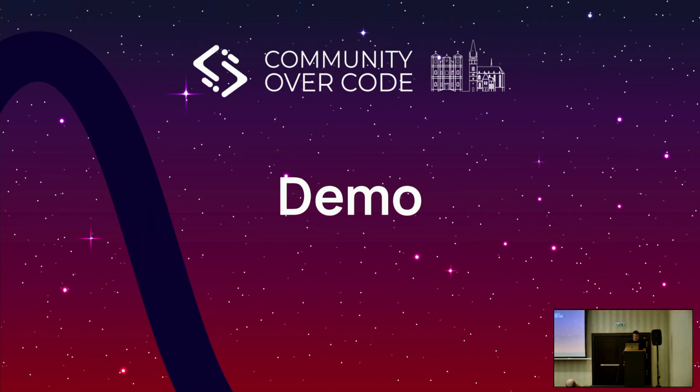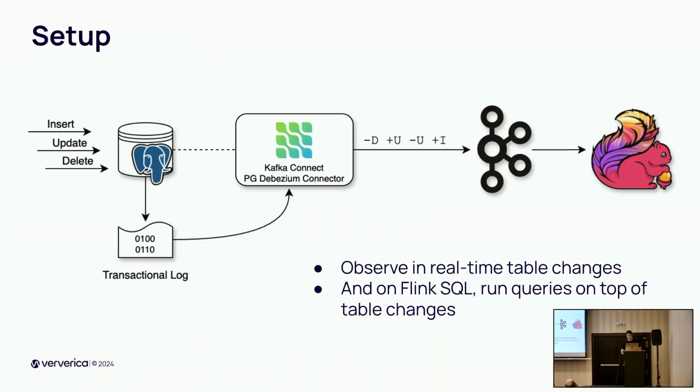So let's do a demo. For the demo, I have such a setup. I will use a Postgres database with transactional logical decoding enabled, a Kafka cluster set up with the Postgres Debezium connector, and an Apache Flink cluster.